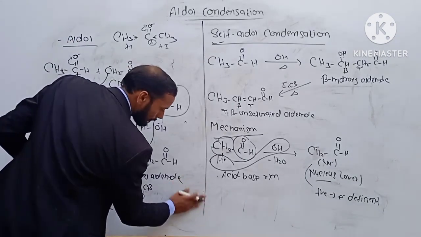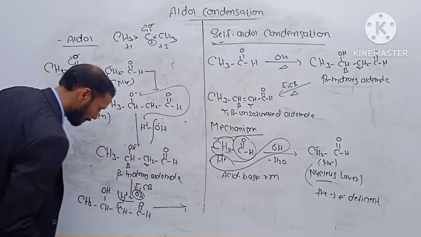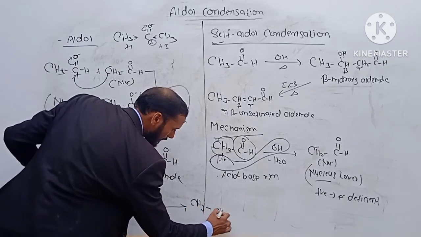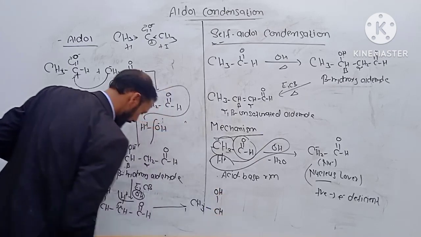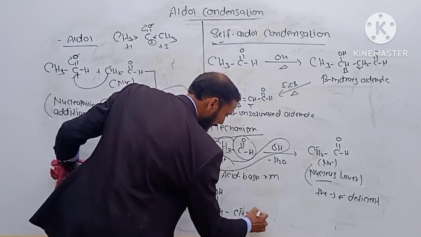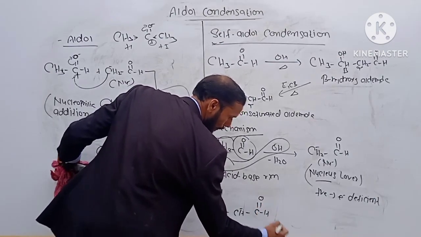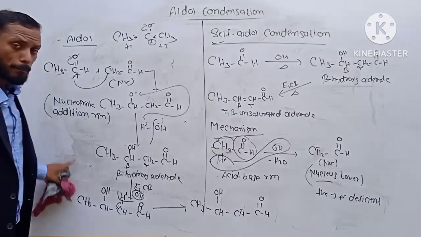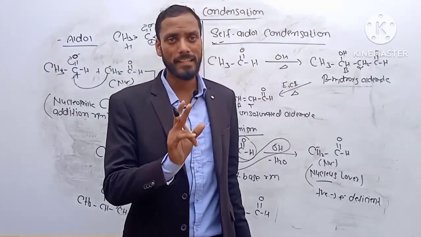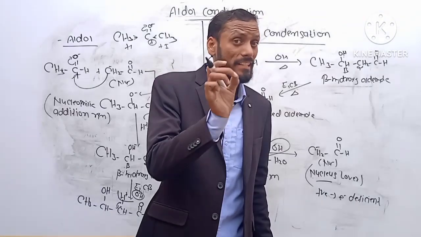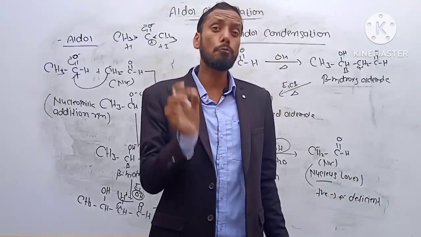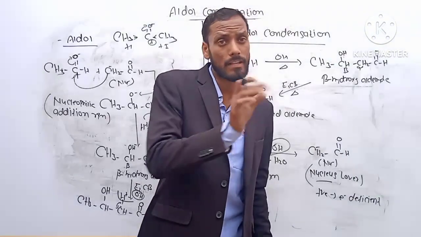Now CH3CH(OH) and CH minus C double bond OH. E1CB reaction occurs in two steps. In the first step, the conjugate base abstracts the acidic hydrogen, and in the next step, the poor leaving group goes out.